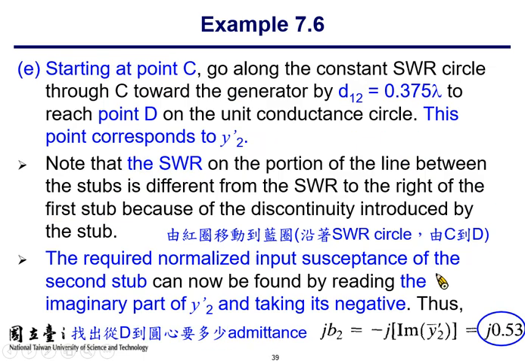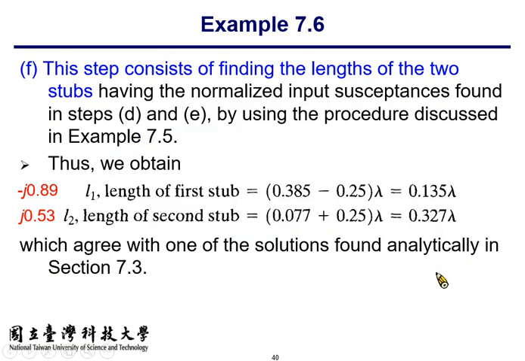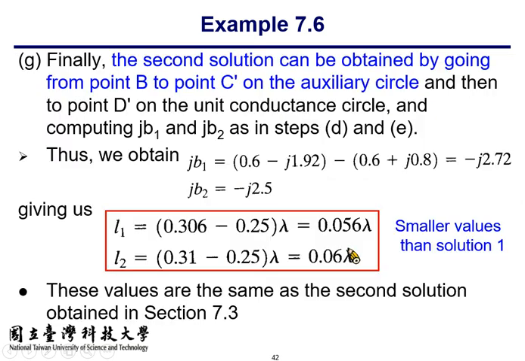So if you have your Smith chart at hand, you can check that to provide -j2.72, the required length is 0.056 of our wavelength. It's relatively small. And the other stub is at Q2.